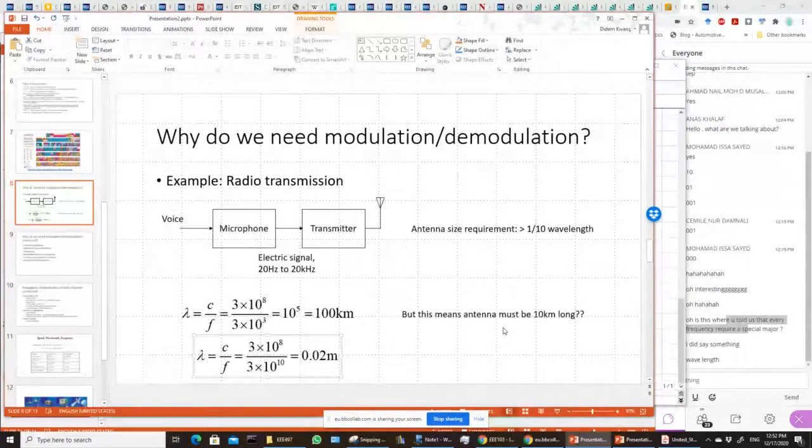Because the way you will learn this again in electromagnetics class, perhaps, it allows you to transmit the radiation out, but some of the energy actually gets reflected back down the antenna, back into your circuit. And to prevent that, you want the length of the antenna to match the wavelength of your signal. Right? It has to be like 1/10 or 1/2. And a lot of the time, bigger than 1/10.